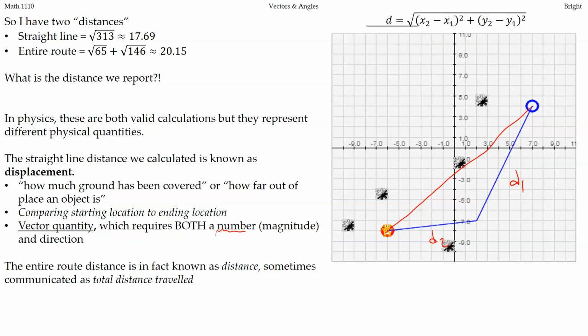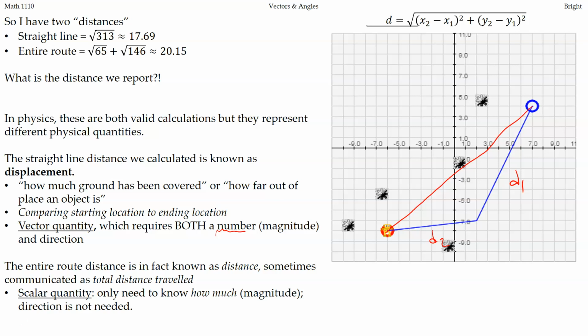And this is not a vector quantity because, if you're thinking of your car and how far it travels in a day, you would say, I traveled 50 miles in a day, right? But you're starting the day in your garage. So when we talk about distance traveled, that's just a scalar quantity, and all we communicate with it is a magnitude.